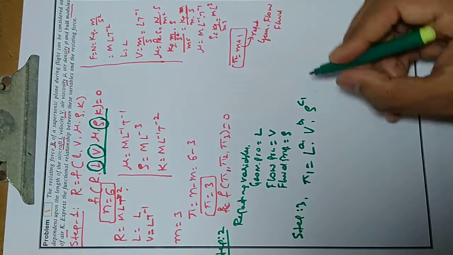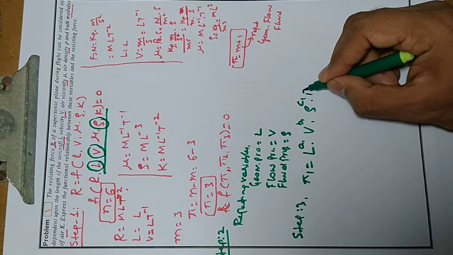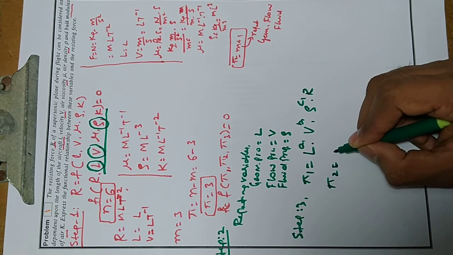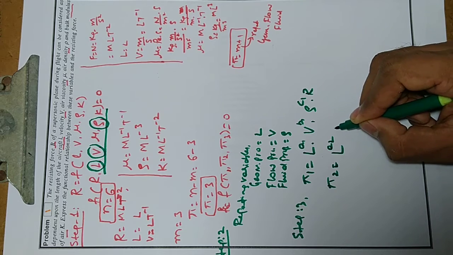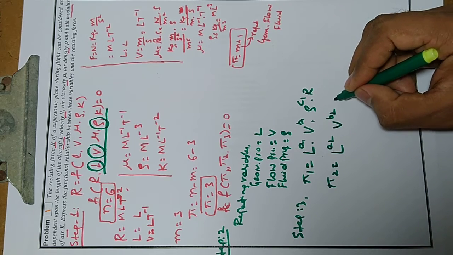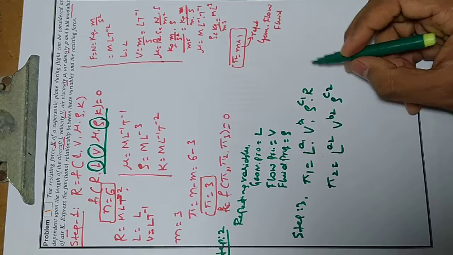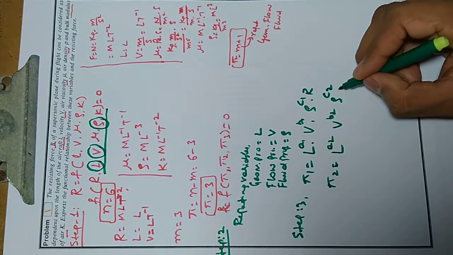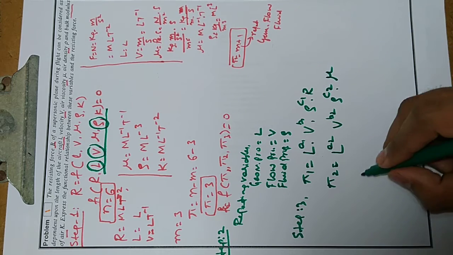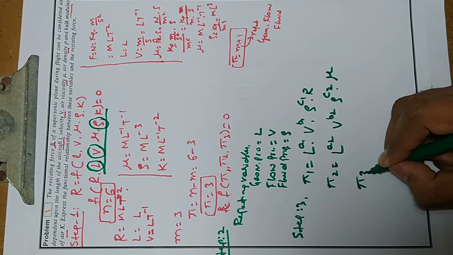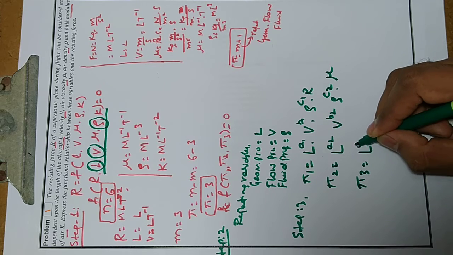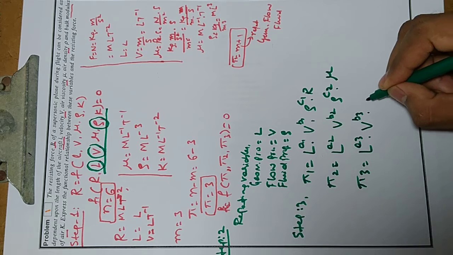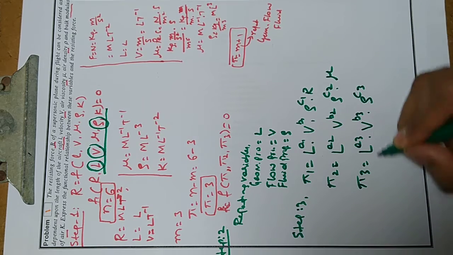One term you have to write is R. Next, pi 2 is L to the power of a2, V to the power of b2, rho to the power of c2, into mu. Next, pi 3 is L to the power of a3, V to the power of b3, rho to the power of c3. See, try to understand.